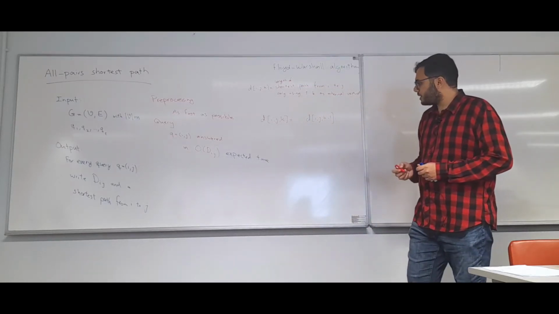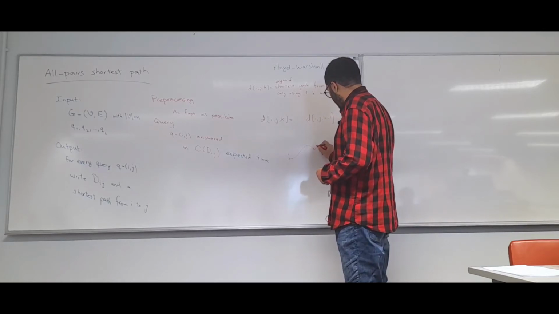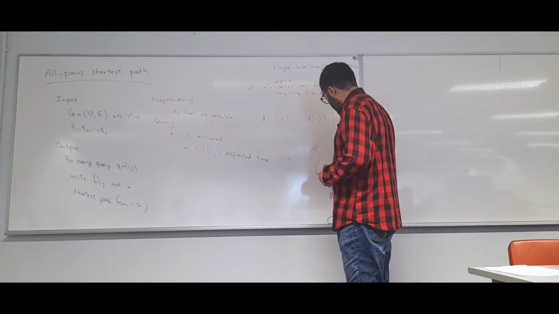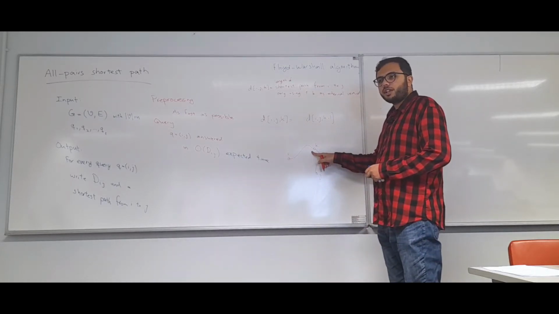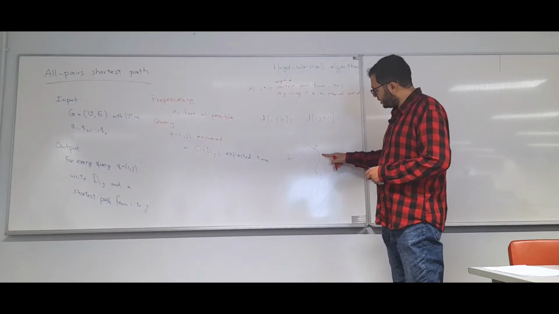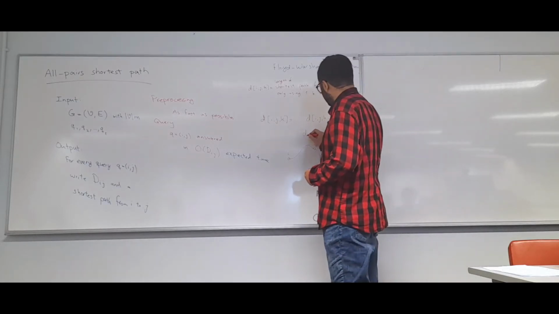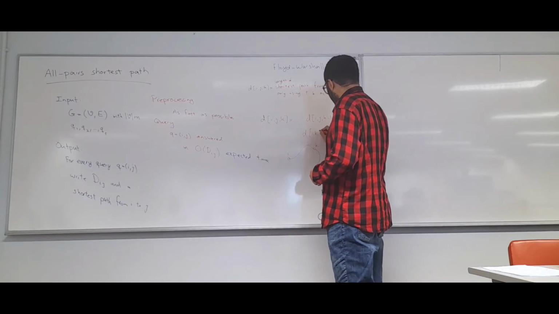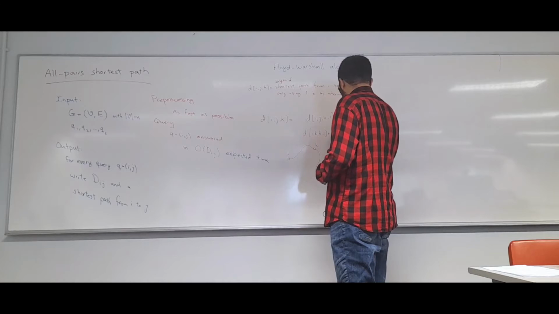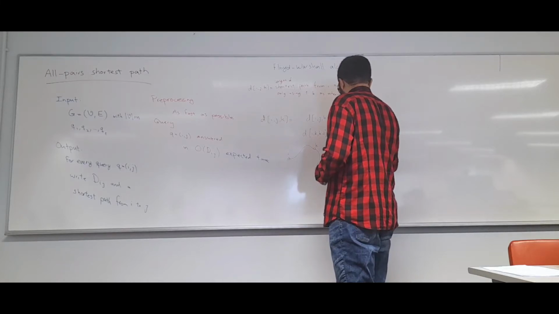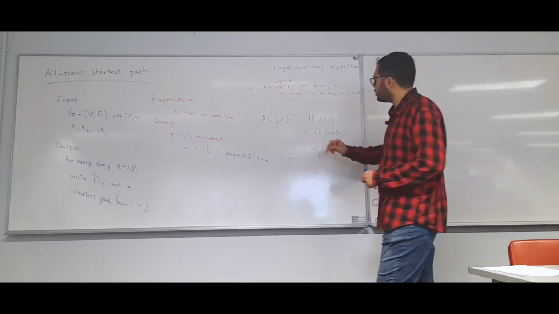And if I use the vertex k, then I have to start from i, and I have to go to k. And then from k, I have to go to j. But the internal vertices here are all between 1 and k minus 1. And the internal vertices here are also all between 1 and k minus 1. So what I get is d_ik(k-1) plus d_kj(k-1). And so I have two cases, and I want the smallest of the two, so I just take the minimum.